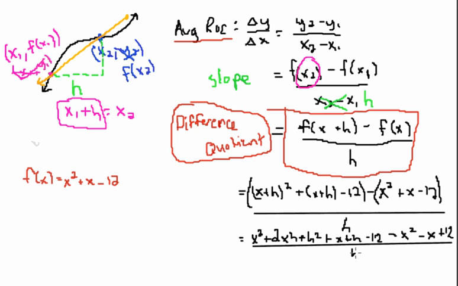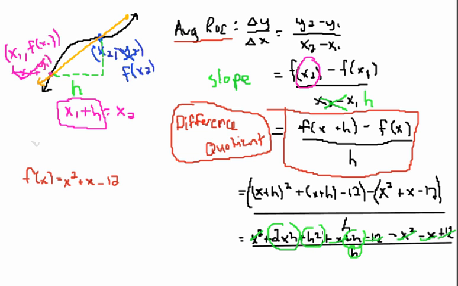And so let's look at this. We can start canceling some stuff out. I see an x squared and a minus x squared, so those cancel out. I see a plus x and a minus x, and I see a minus 12 and a plus 12. So everything there gets canceled out, and what's left is 2xh plus h squared plus h, all over h.